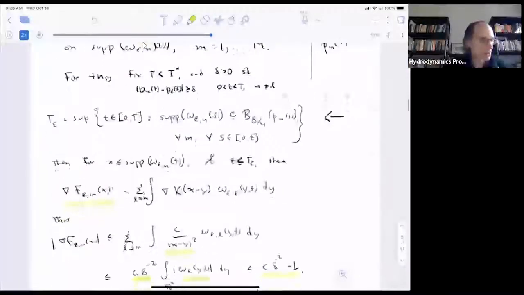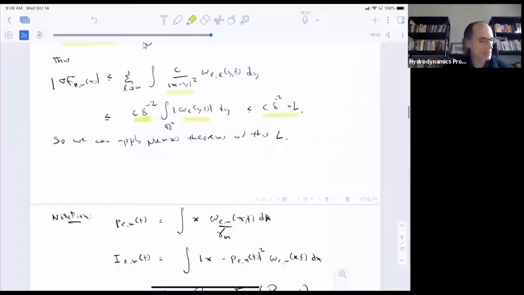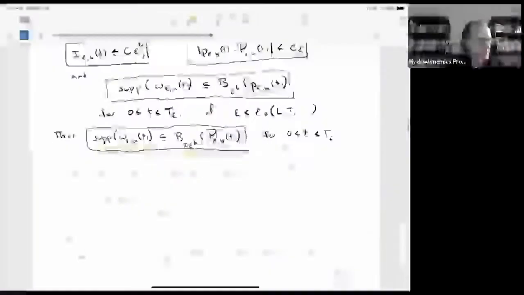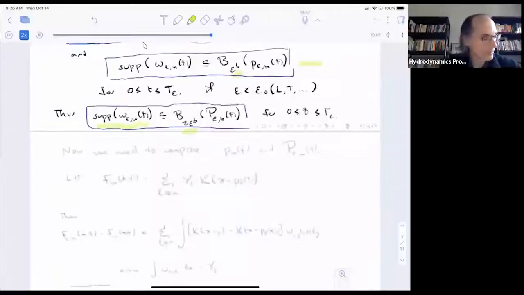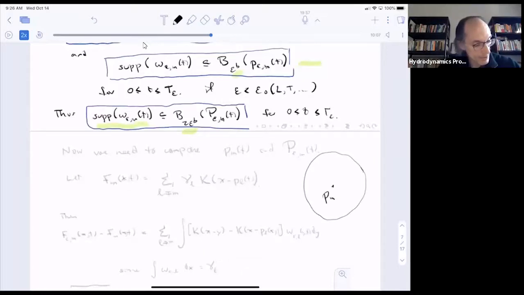And so now what I need to do is, right, let's draw a picture of the mth ball. So I have this mth ball, and I have this Pm at time t. This is all taking place in the ball of radius delta over 4, I think. And then I have a capital P epsilon m at time t.